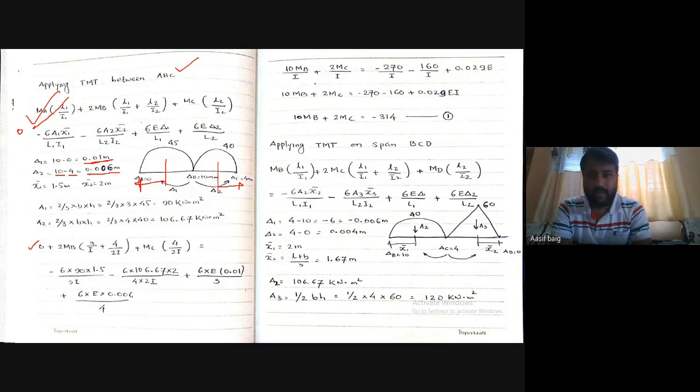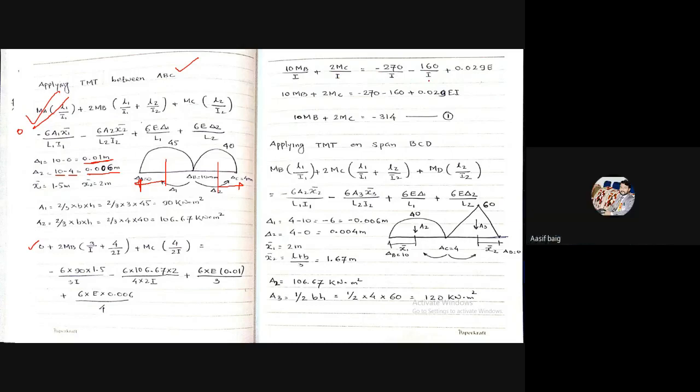So 10 MB by I plus 2 MC by I is equal to minus 270 by I minus 160 by I plus 0.029 E.